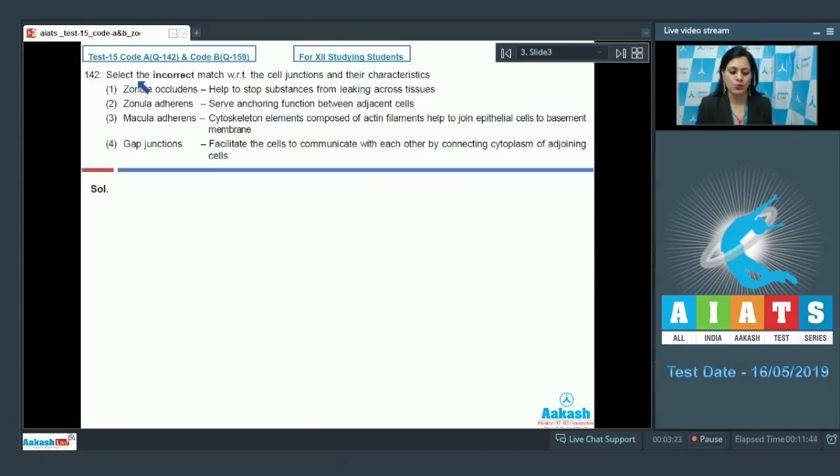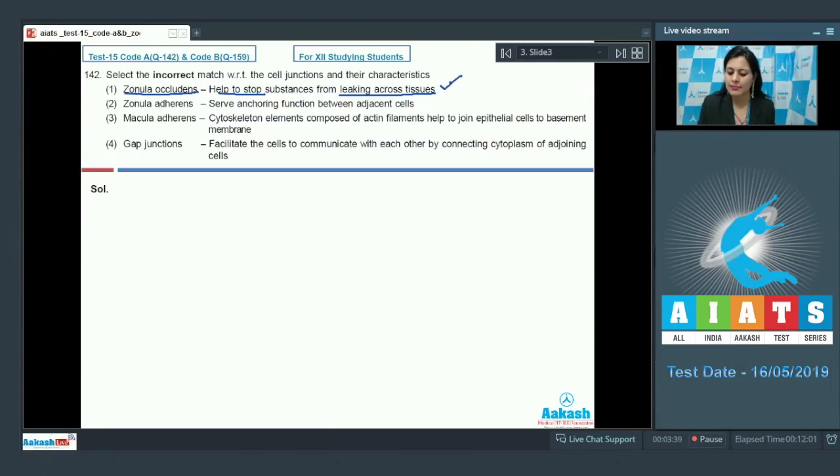Question number 142. Select the incorrect match with respect to the cell junctions and their characteristics. The very first match given is Zonula occludens, and the match given is help to stop substances from leaking across tissues.